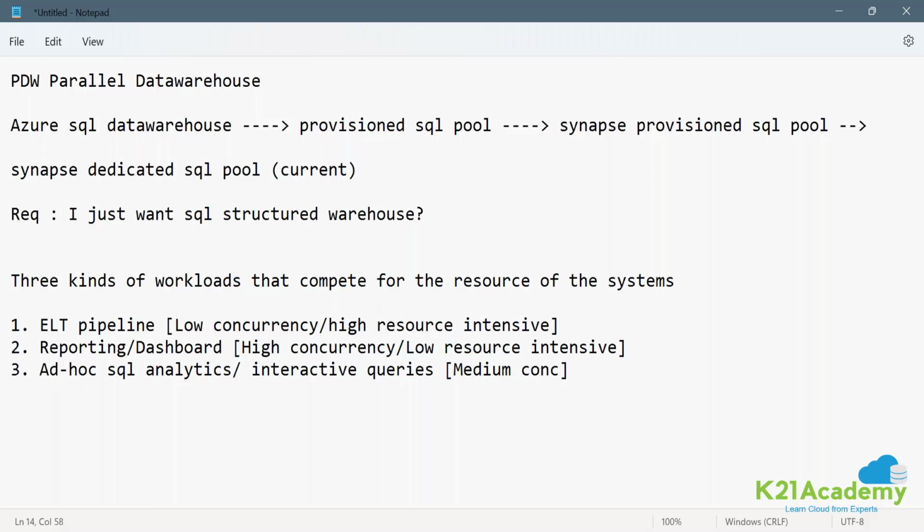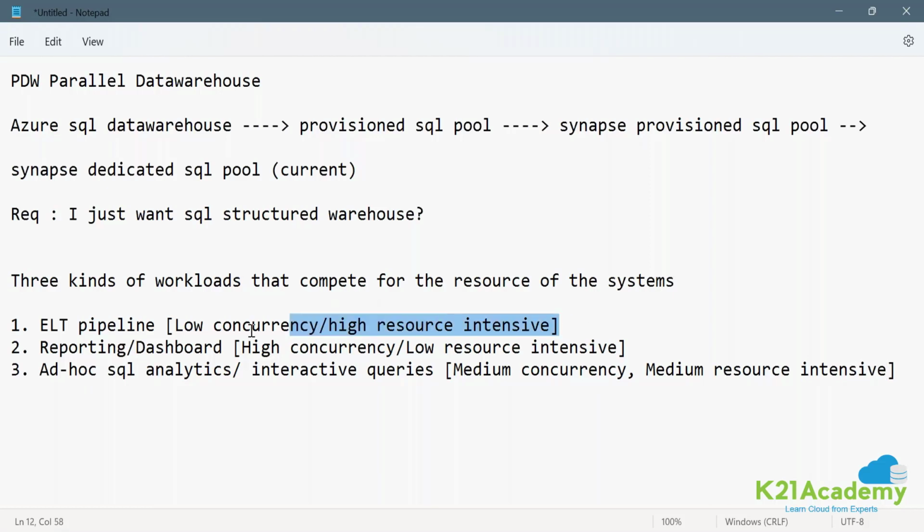There may be a good number of data analysts in the organization who may try to do some ad hoc analytics on the system, data exploration, and medium in resource consumption. That's the profile of typically this medium resource intensive workload.